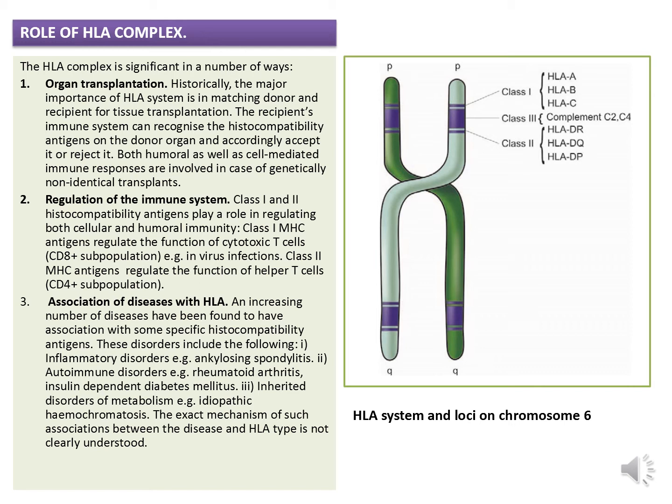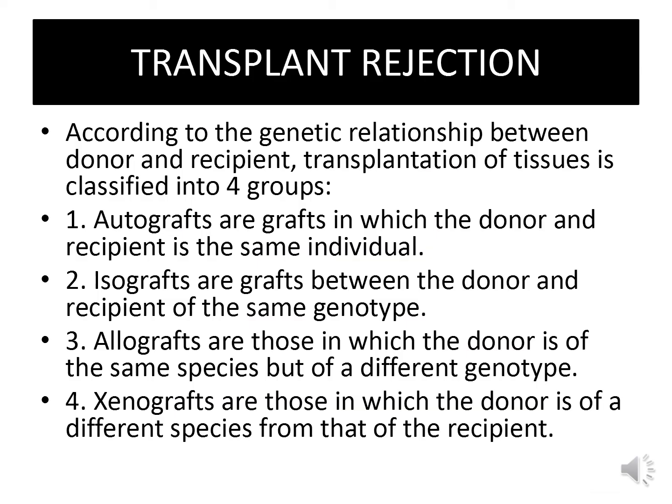The exact mechanism of such associations between the disease and HLA type is not clearly understood. So you see in the picture the HLA system and loci on chromosome 6 for various HLA classes.